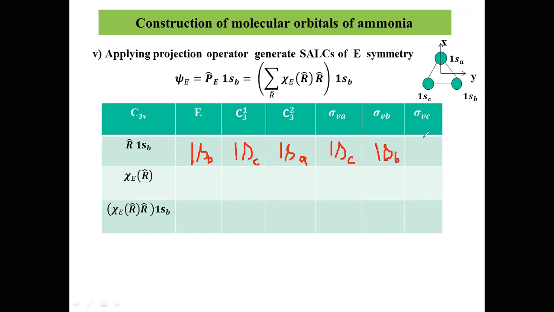And now the last one, sigma vC, the plane which contains the hydrogen atom C, then 1s B is going to be 1s A.